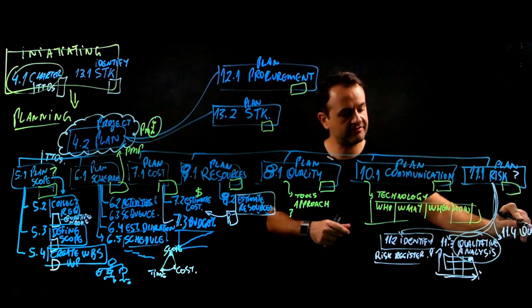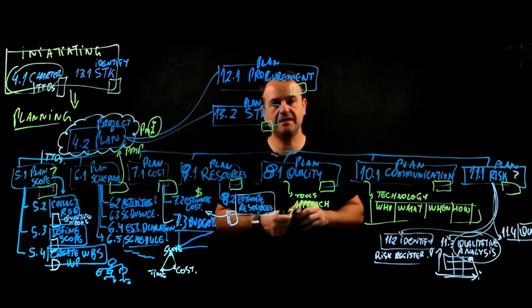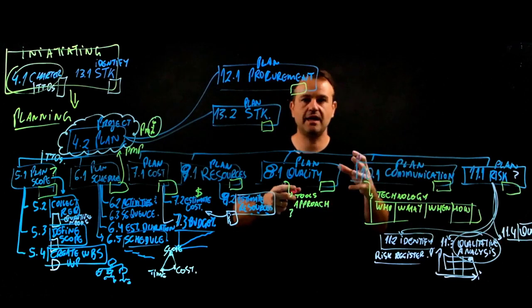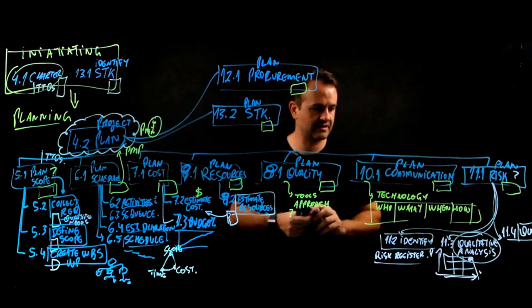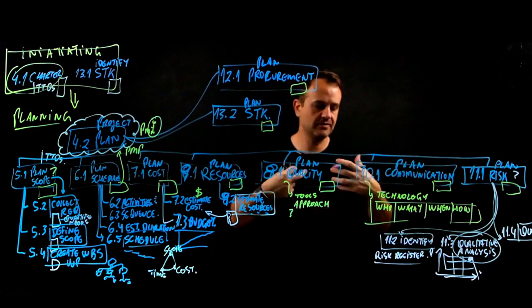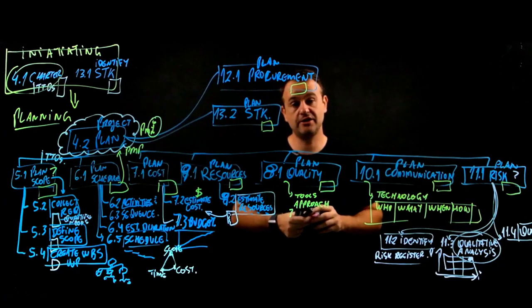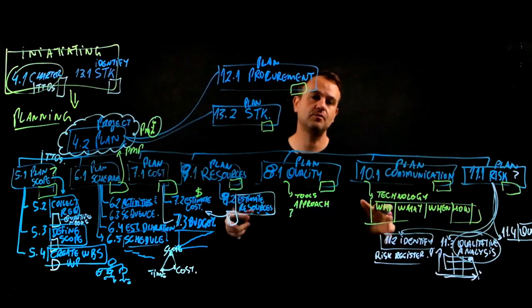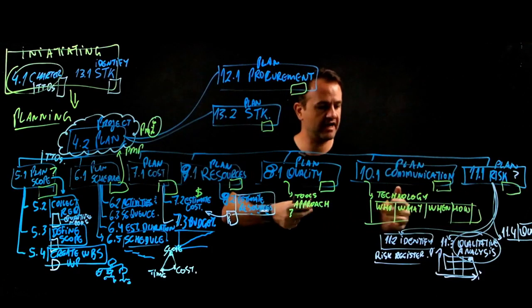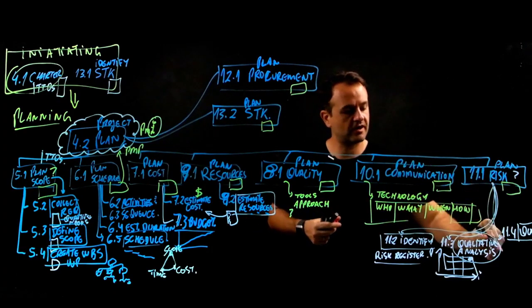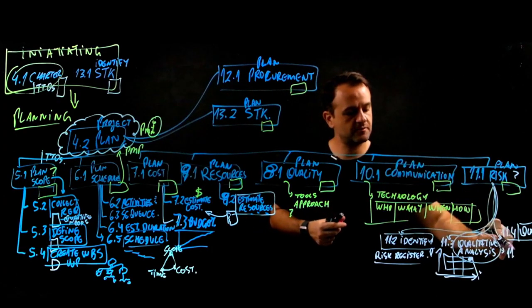So in the quantitative analysis, we do simulations, 29% probability, the impact will be $145,000, for example. We can create scenarios, we can use Monte Carlo simulation, we can use many different models so that we can quantify the risk before we create the risk response.